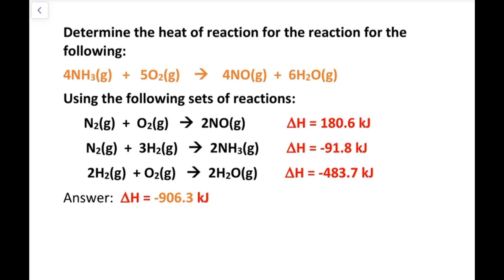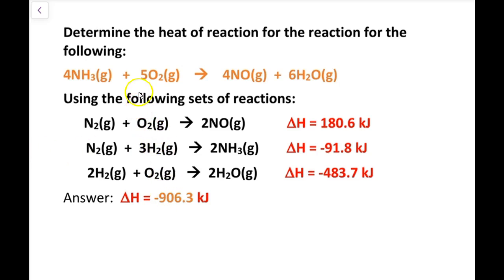But one hint here is you've got some NH3, which is, I'm sorry, I should have said O2. It's not the NH3, it's the O2. The O2 shows up in 2 different equations.